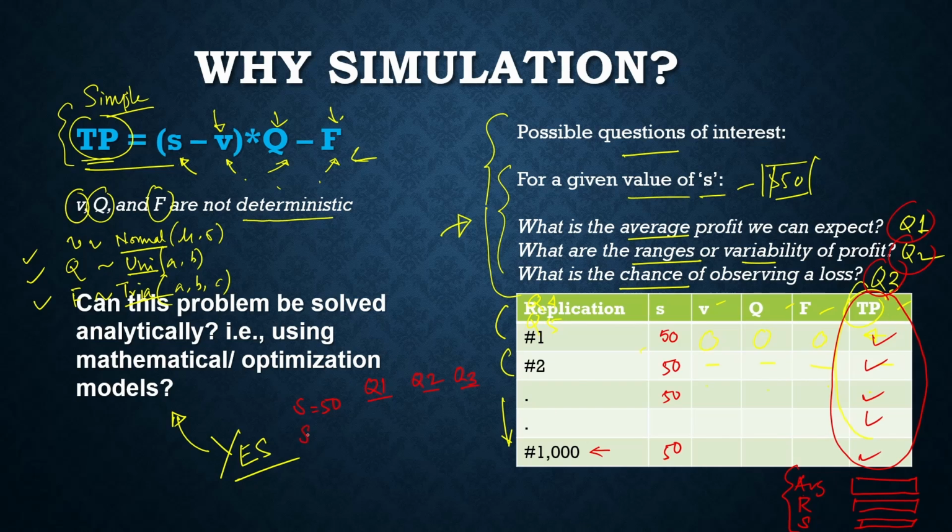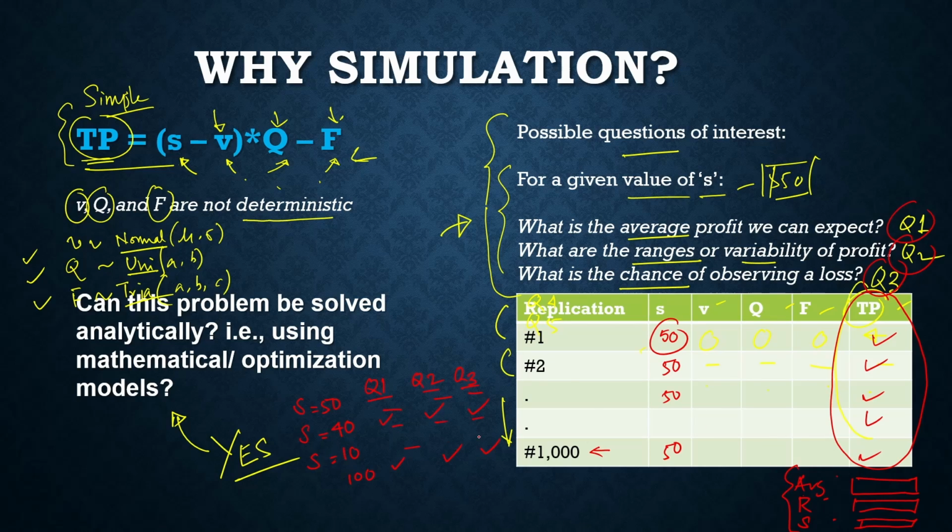So then you vary S a little bit, like from 50 to 40, then again monitor the answer to these questions. You take a range of values for S, whatever you think is suitable, and you will find these answers here. Every time you change this value, you will get the average, range, standard deviation updated. So you just note down these values.